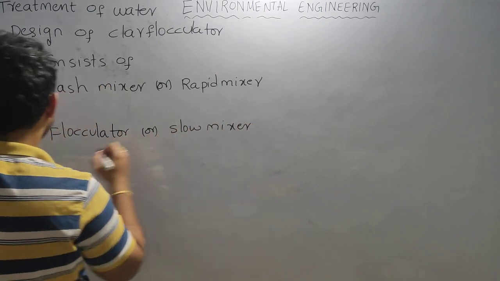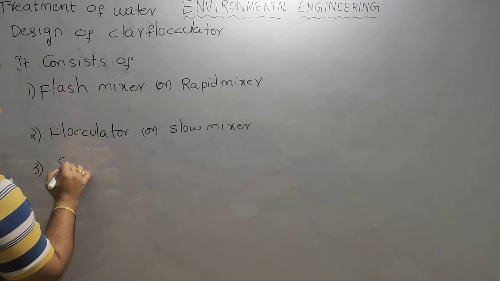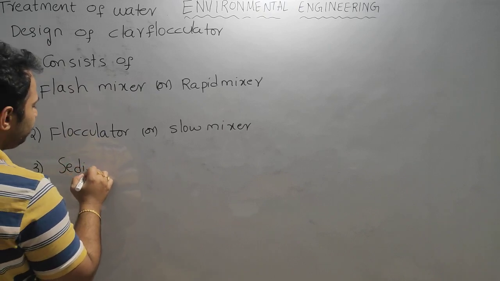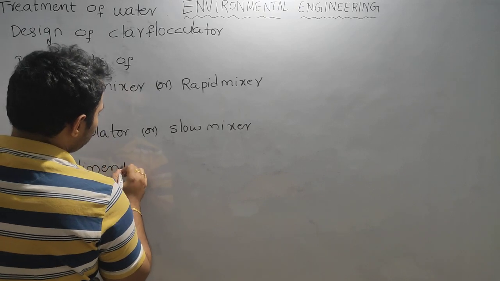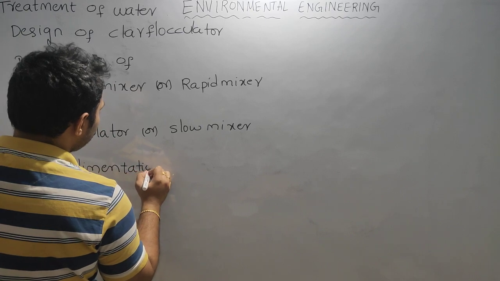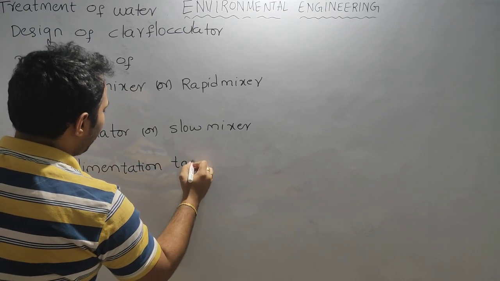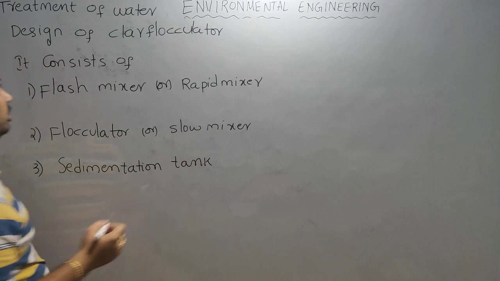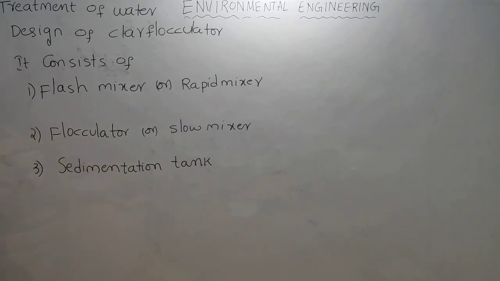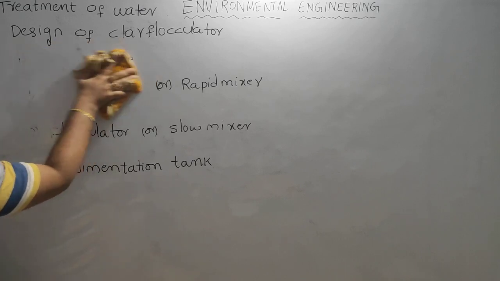And after this there will be a sedimentation tank. So these are the three devices that will be present in the clariflocculator. Let us discuss them one by one. First one is flash mixing.